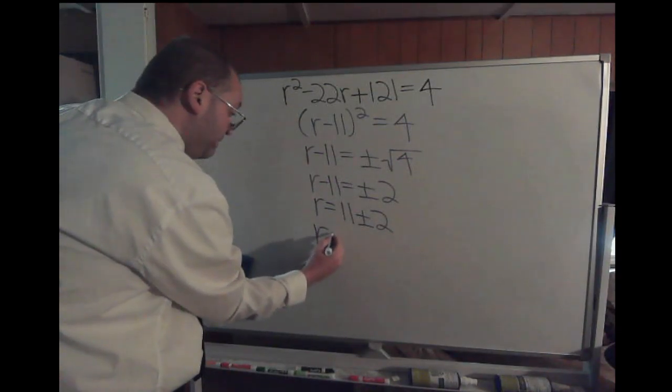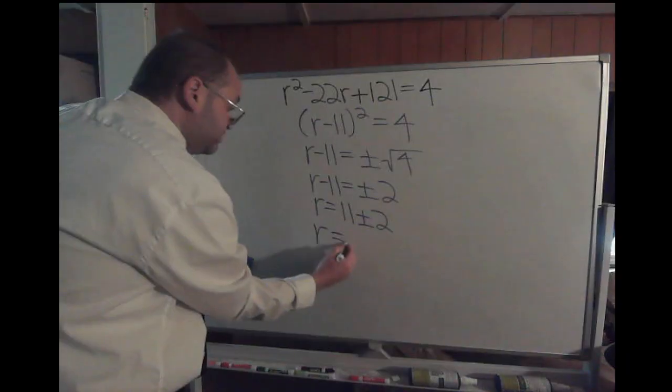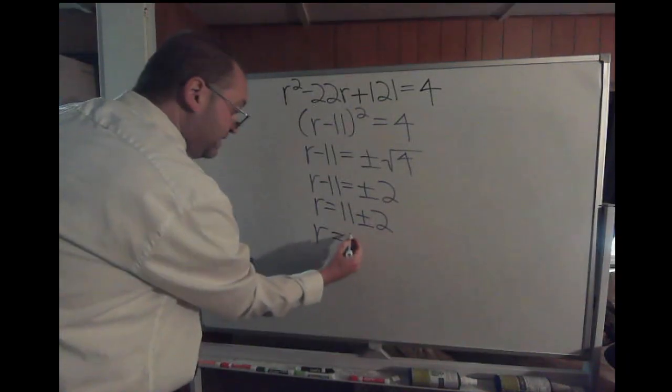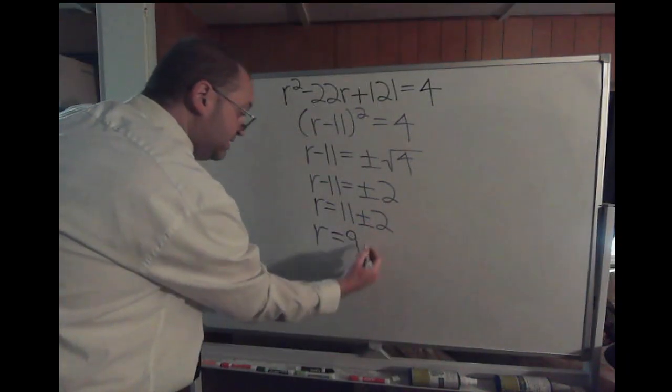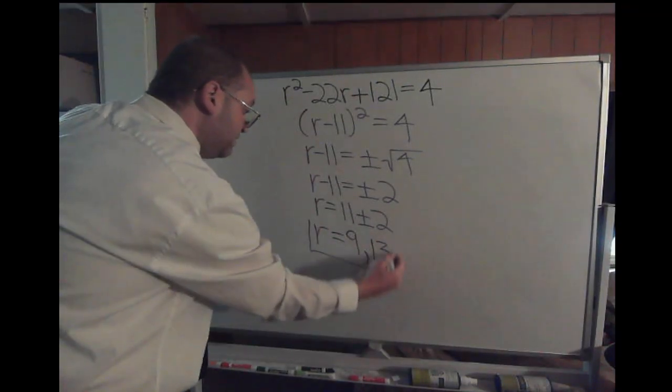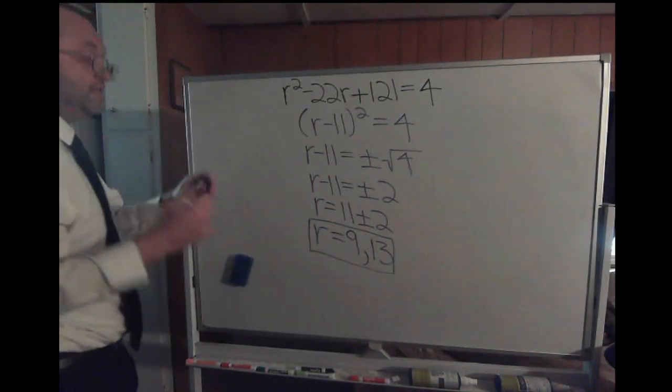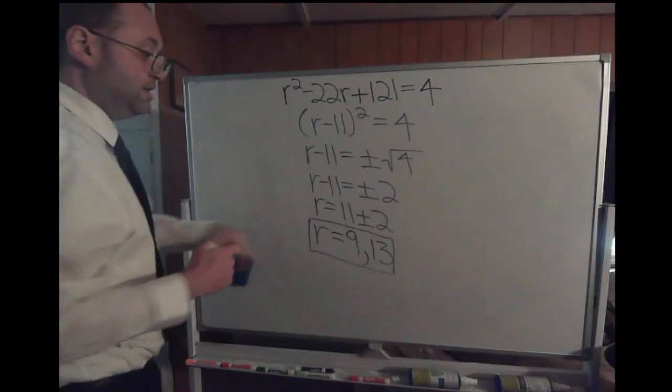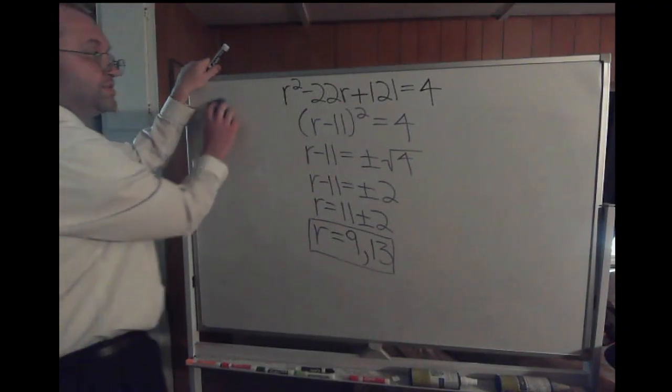You'll get r is equal to, let's see, 11 minus 2, that's 9. 11 plus 2, that's 13. So r is going to be equal to both 9 and 13. Those are the two solutions you would end up getting to this equation, 9 and 13.